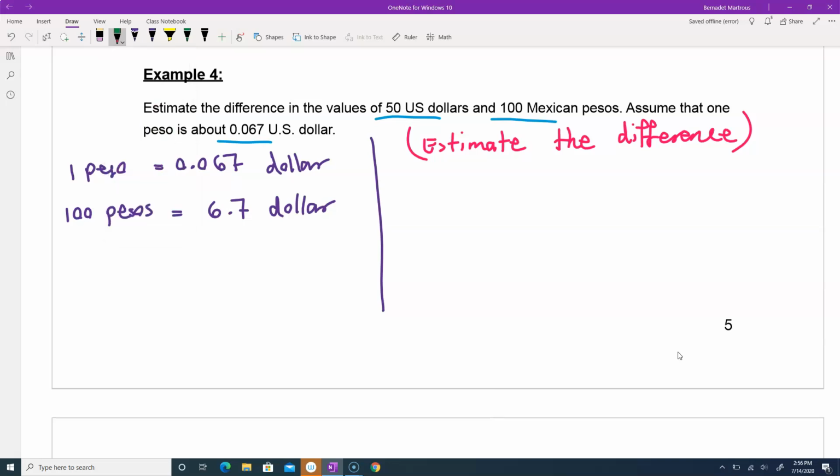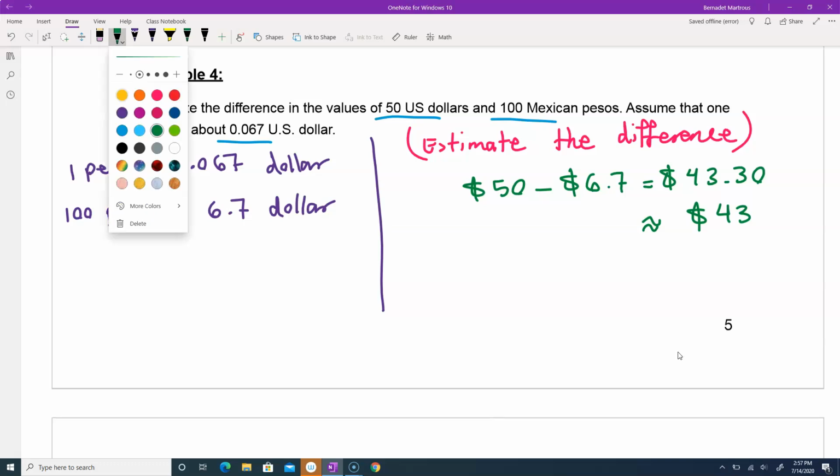So estimate the difference between $50 and 100 pesos. $50 minus, this is 100 pesos and that is $6.70, and that is equal to $43.30. Now estimate that one, that is $43. I round it to the nearest dollar.